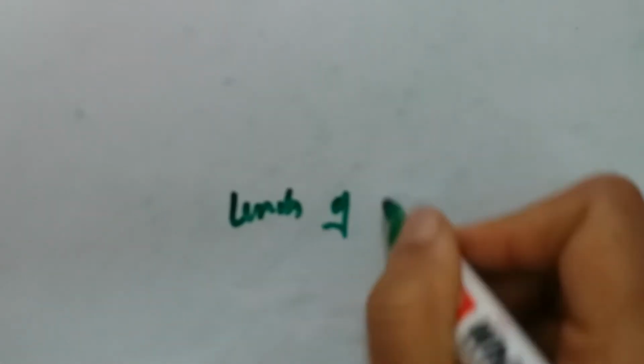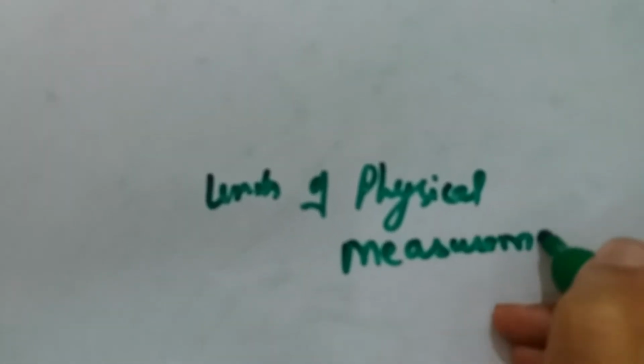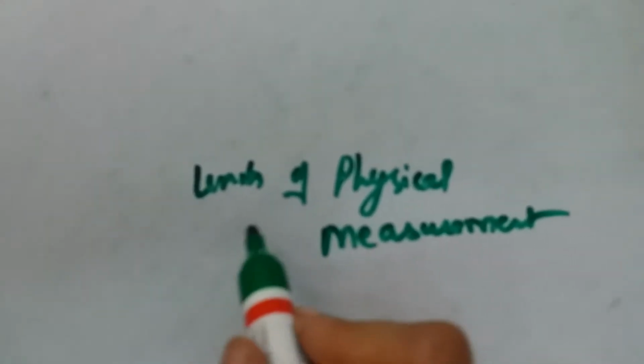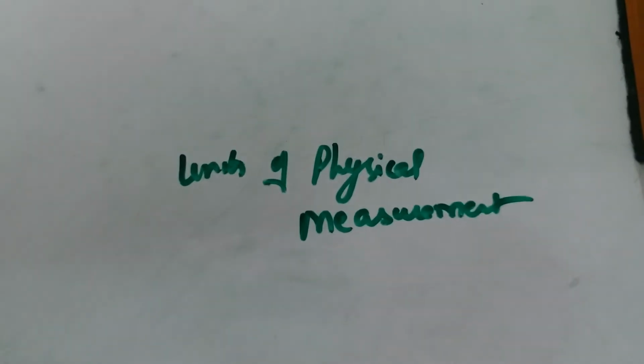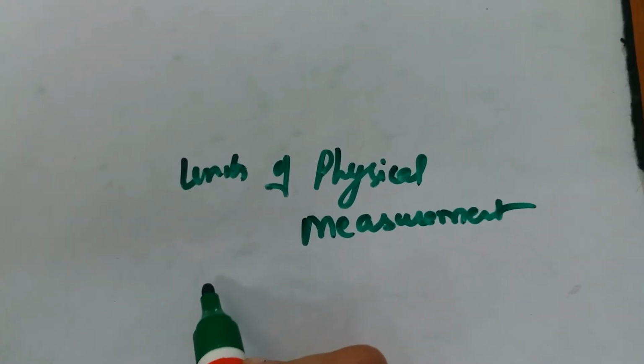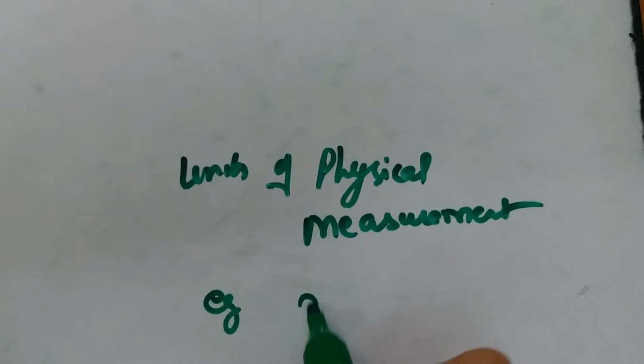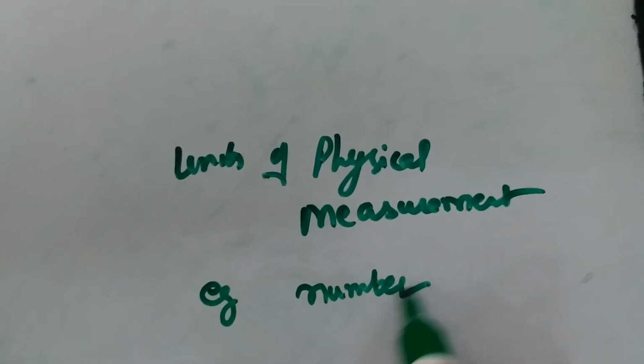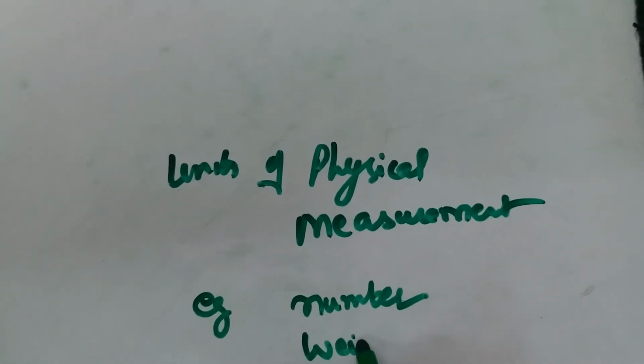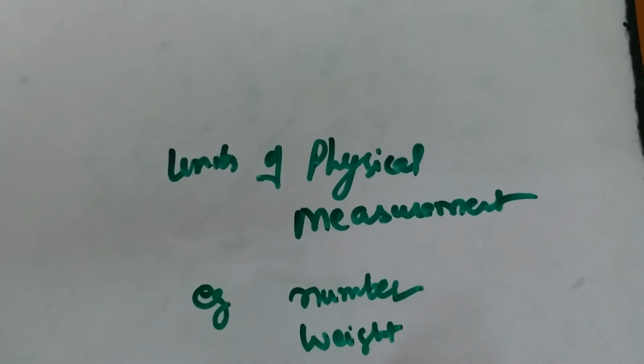So what is cost unit? If I want to define it, cost units are the units of physical measurement. For example, it can be number, that is the units. It can be the weight, for example, the kg part.